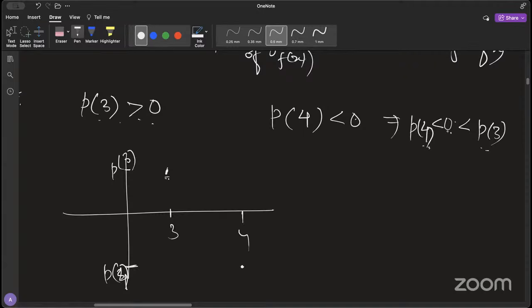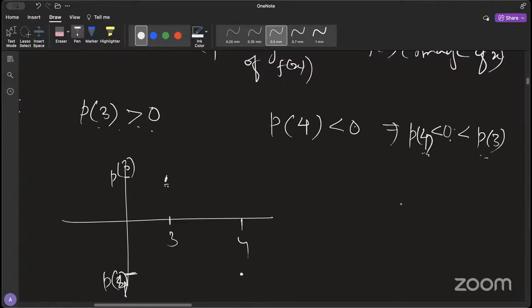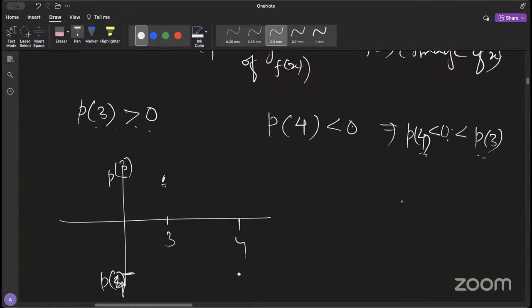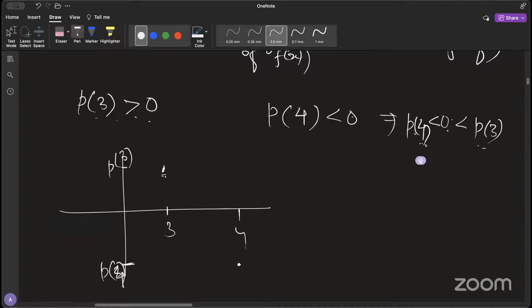Not just 0, if any number lies between P4 and P3, and all this discussion we're only doing for polynomials, not for every function that you see. So if you have a number between the 2 images, then where should the pre-image of 0 be? If 0 lies between P4 and P3, what does this mean?